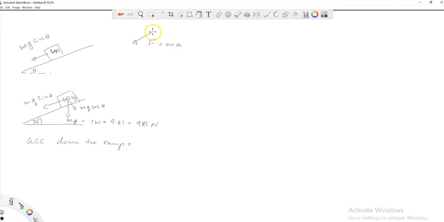the ramp. It's always good to put an arrow pointing the direction so that everybody knows which direction you are writing this Newton's second law.